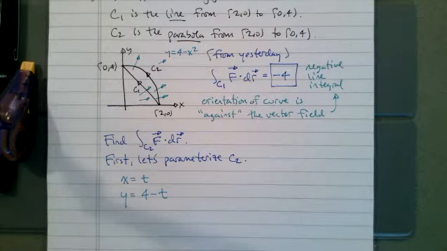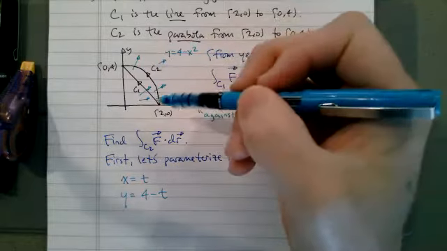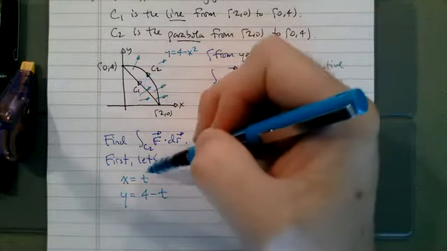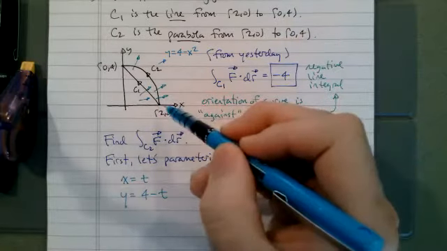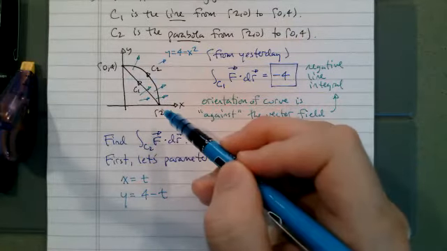However, we have the same problem. If we run t from 0 to 2, our curve goes backwards.